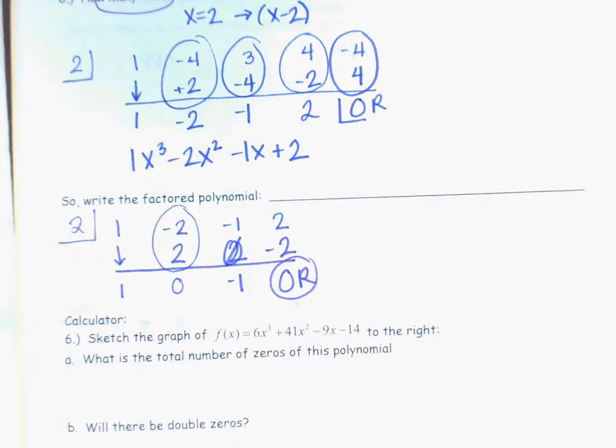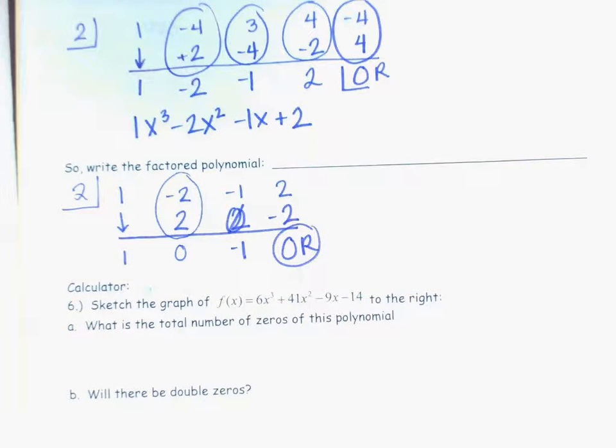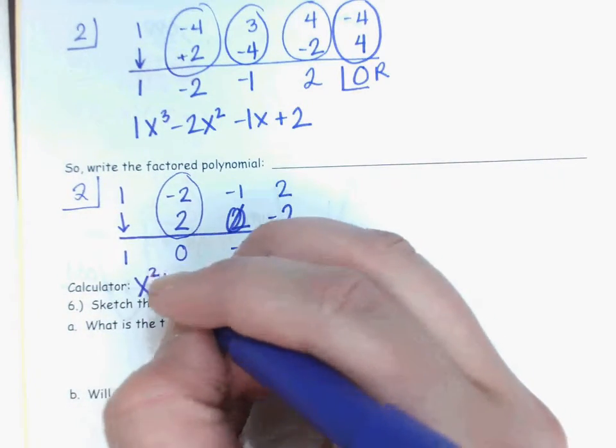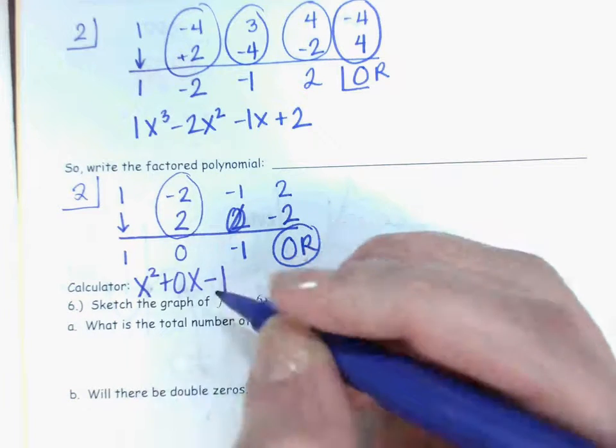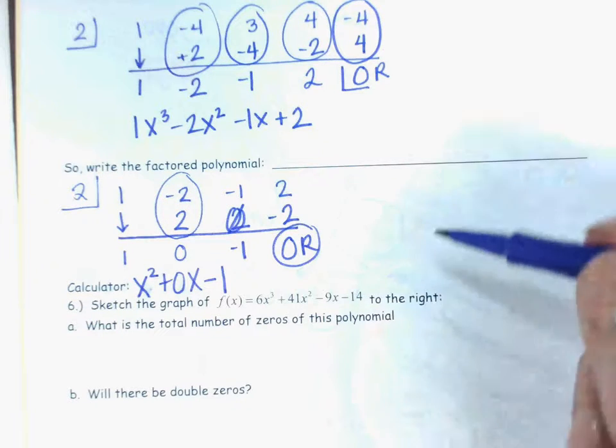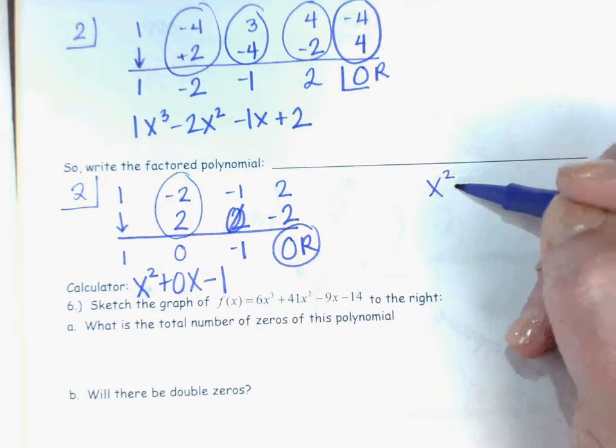If your remainder is 0, did it divide evenly again? Then now it's not a single root, it's a double root. So I have x squared plus 0x minus 1. Now, if your middle term is a 0x, do you really have to write it? No, so I'm going to write it like this instead.